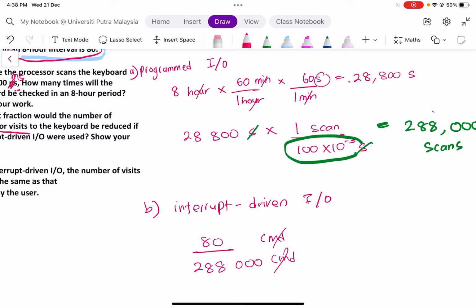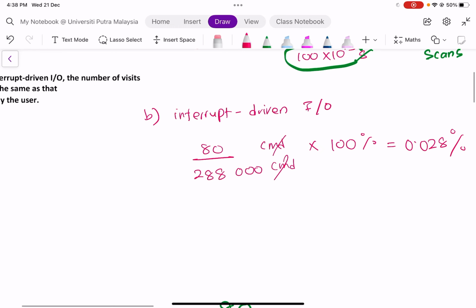They cancel out, and I want to know this in percentage. So 80 divided by 288, times 100, I would get 0.028%. Now this is the utilization of interrupt-driven I/O in comparison to programmed I/O.